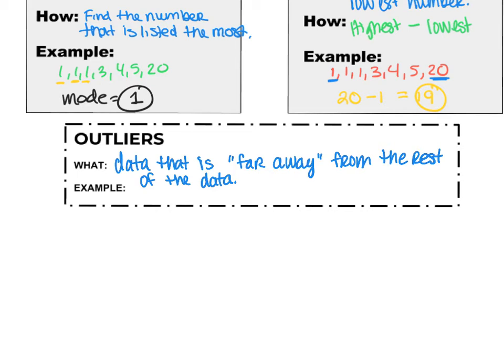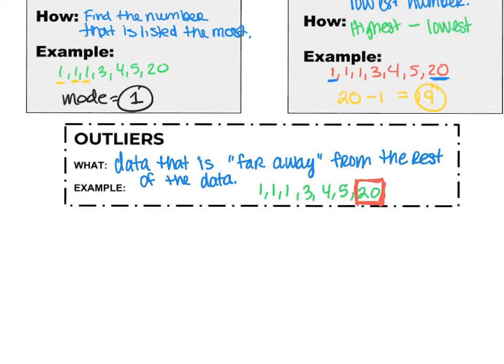So I made it pretty obvious in this data set. So if we have the numbers 1, 1, 1, 3, 4, 5, and 20, obviously 20 is our outlier. So that number is far away from the rest of the data.